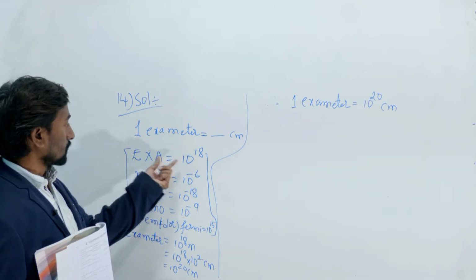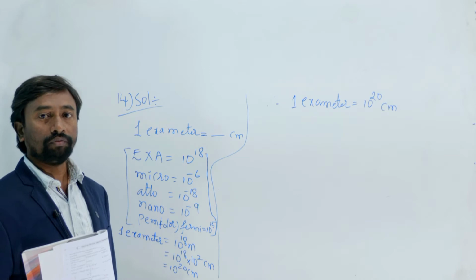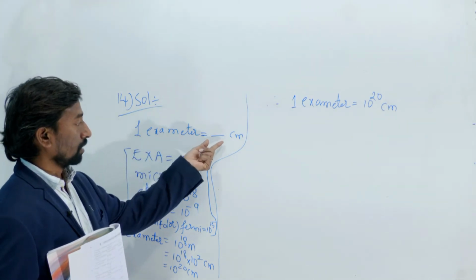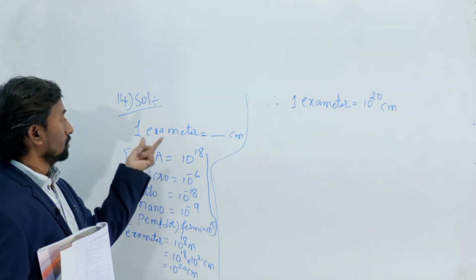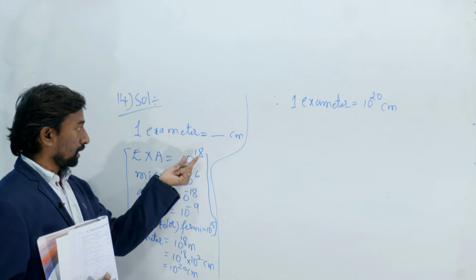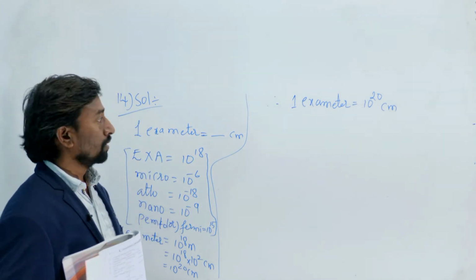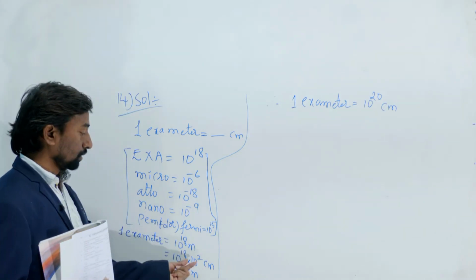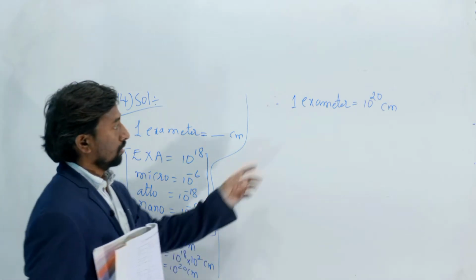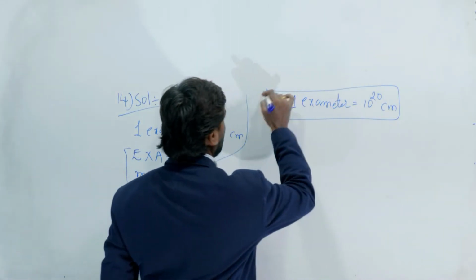Hexa means 10 to the power of 18 meters. 1 meter is how many centimeters? 100 centimeters, no? So 10 to the power of 18 into 10 to the power of 2 gives 10 to the power of 20.